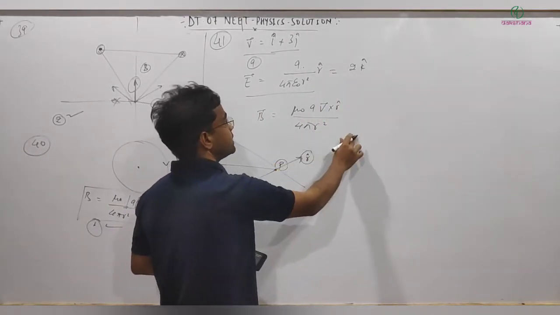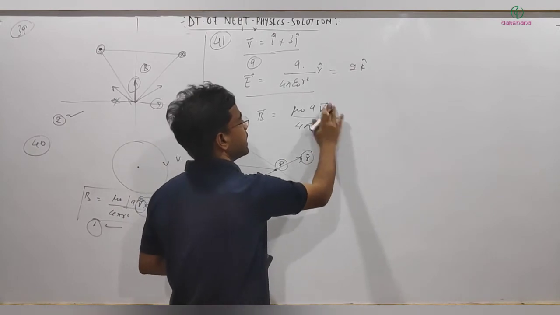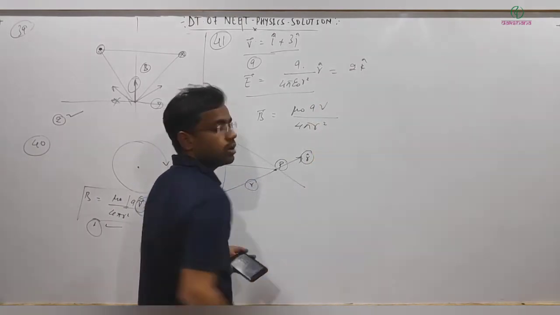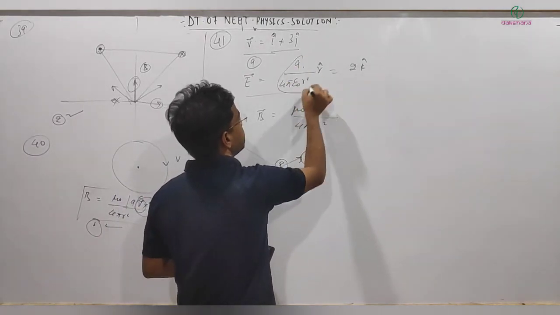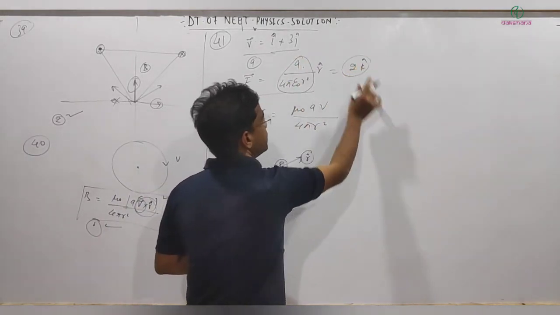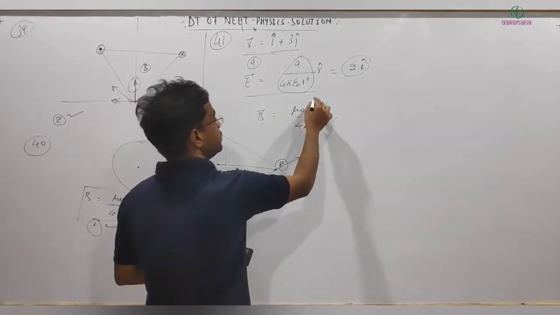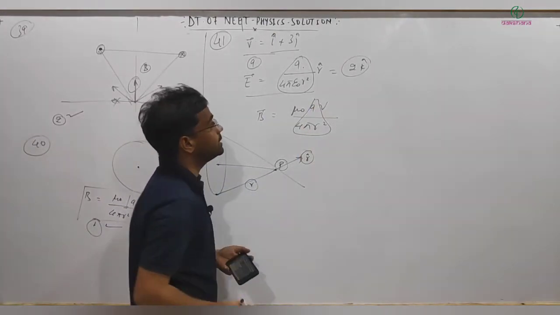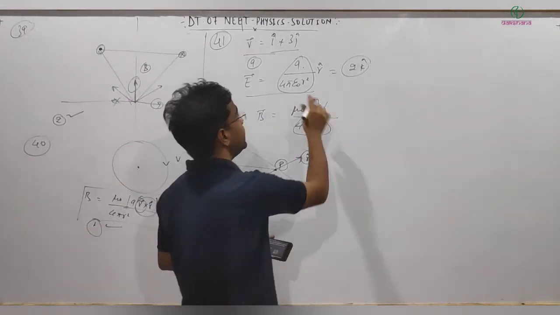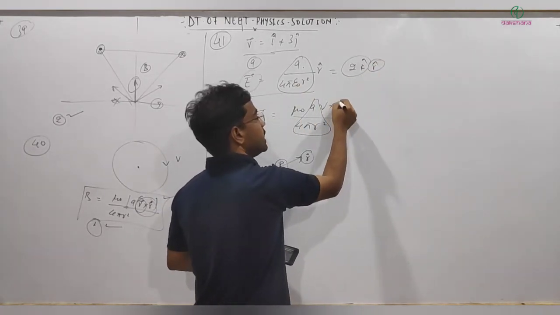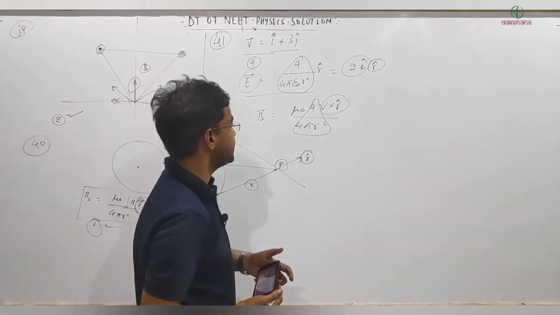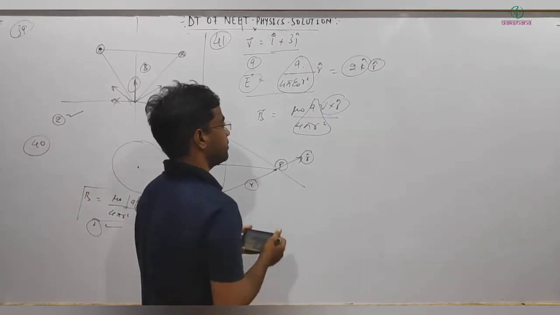We just need to talk about the magnitude only. Then Q by 4 pi epsilon naught R square is the electric field magnitude 2, and the electric field will be parallel to R cap. Then for the direction, I need V bar cross R cap.